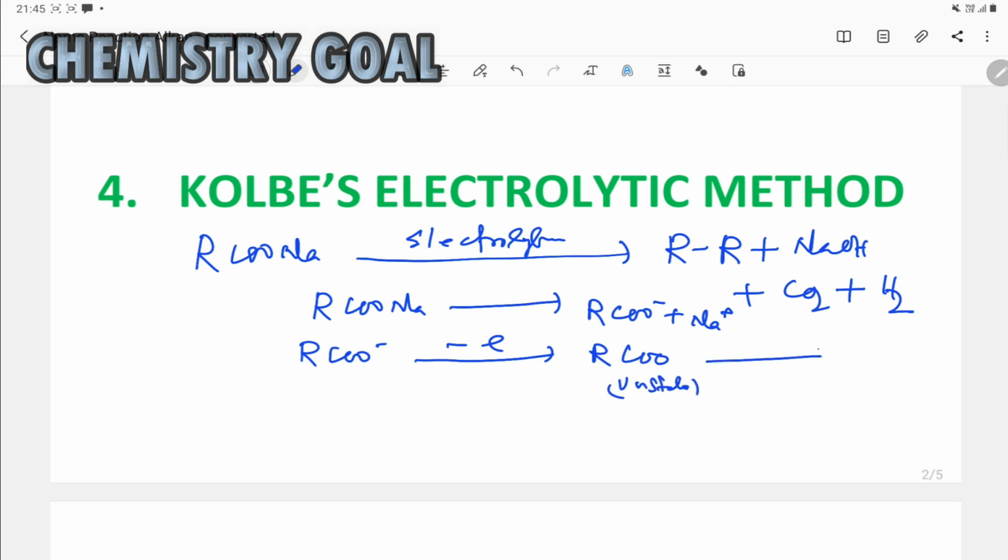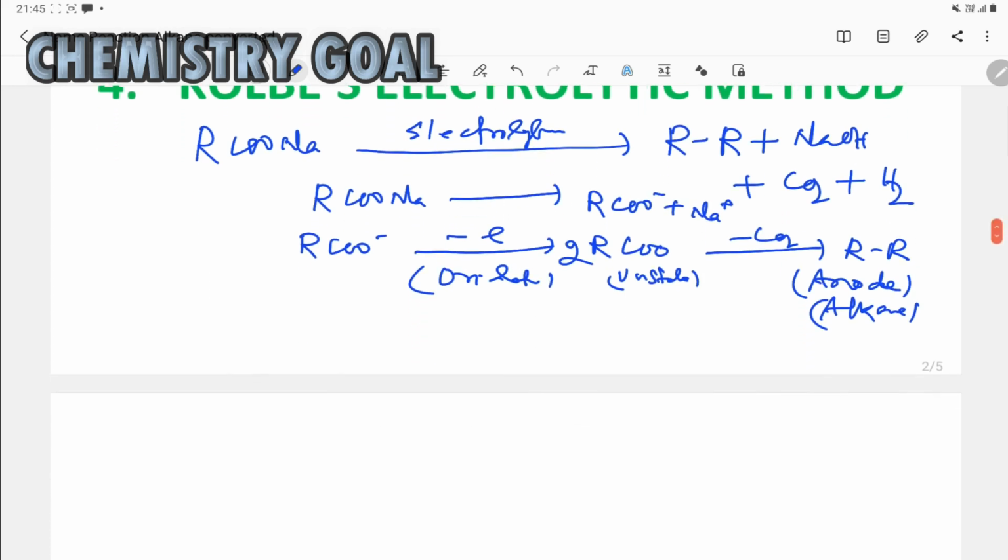When it decomposes, loss of carbon dioxide, here two molecules combine and produce R-R. Here it takes place at the anode, and the result is alkane. So alkane is produced at the anode. Oxidation. This reaction is called oxidation reaction of anion.